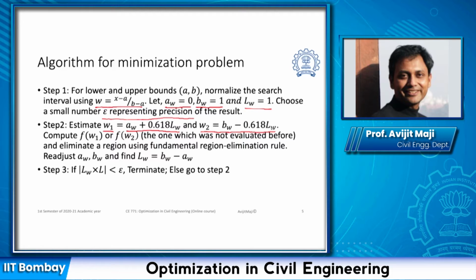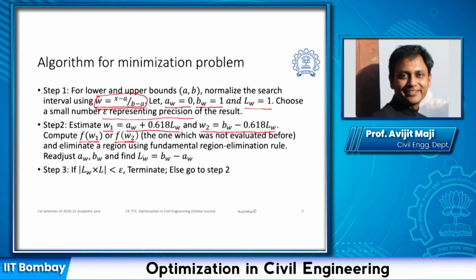And at these 2 points, we want to find the function values. If you notice, here we are writing the function as a function of W. However, our original objective function is with respect to x, so it needs to be transformed appropriately using this equation to obtain the function value for the 2 points we have just calculated.